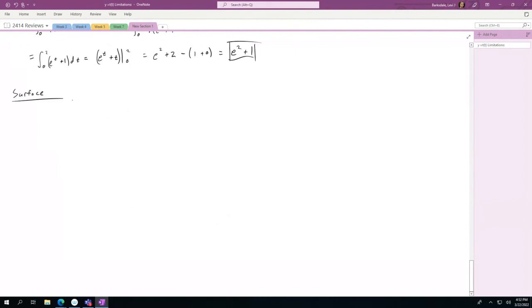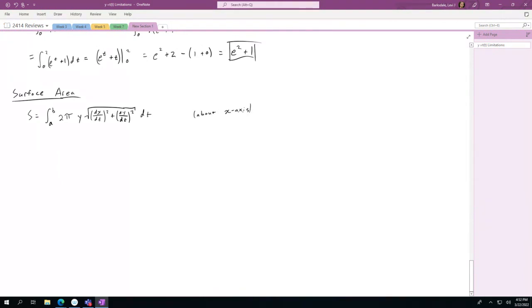So if we're rotating about the x-axis, we have a surface area of 2 pi times y times the square root of dx/dt squared plus dy/dt squared. And this is for about the x-axis.